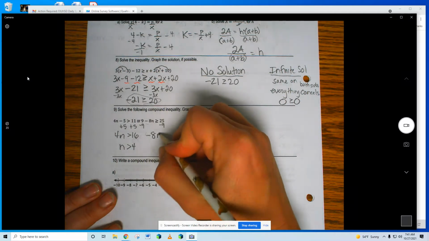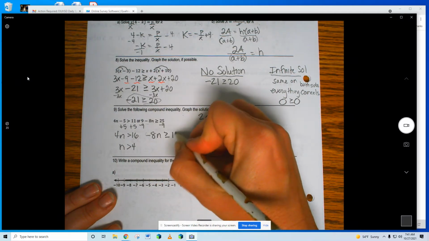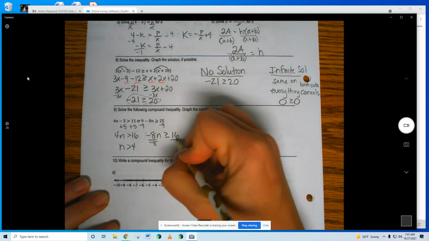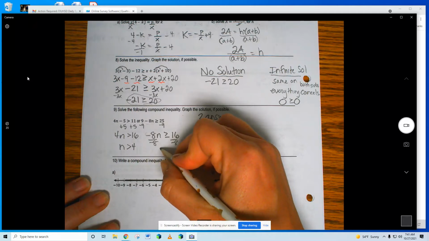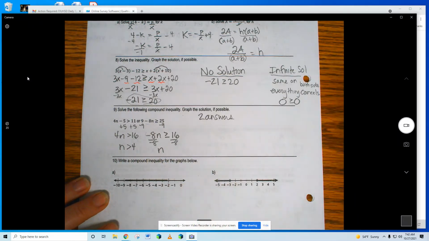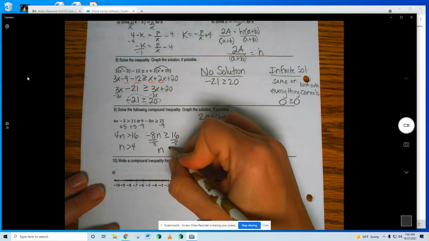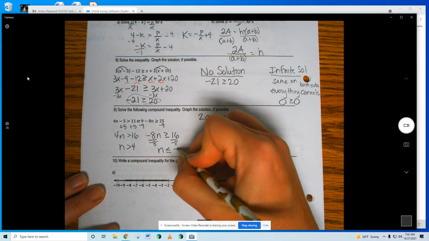Negative 8n is greater than or equal to 16. And I'm going to divide by negative 8. Ding, ding, ding. Something happens. What happens when I divide by a negative? The inequality symbol switches. And it's going to be negative 2.